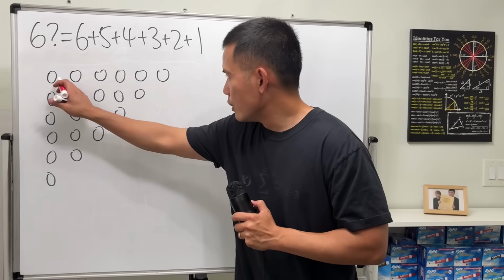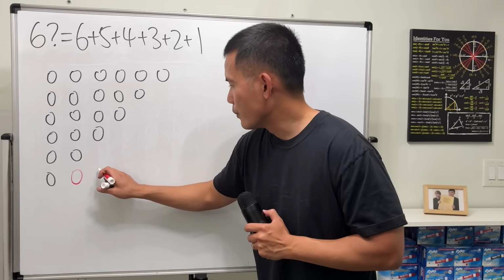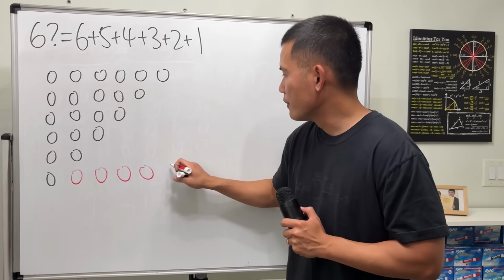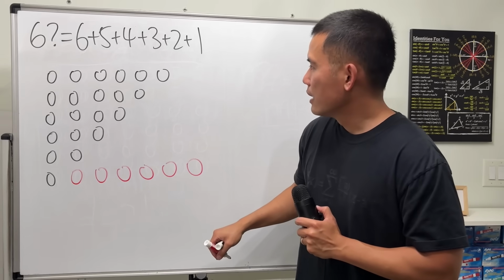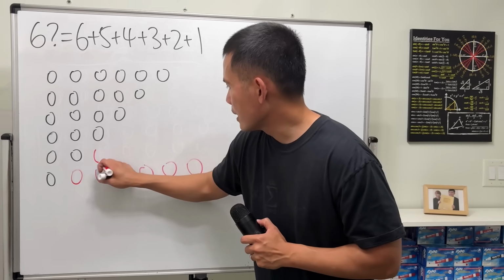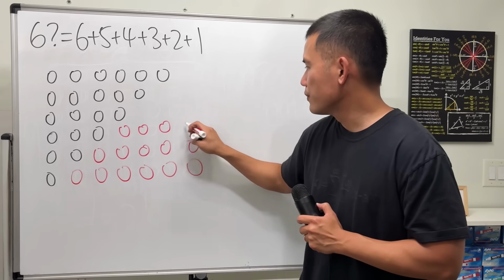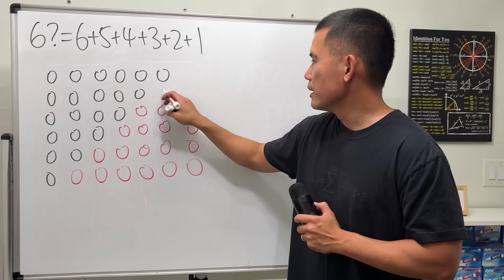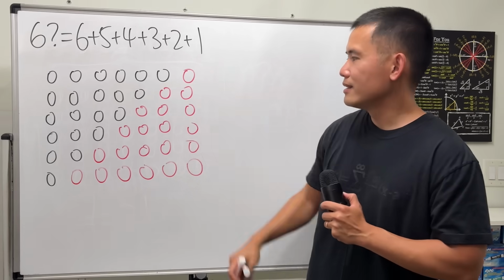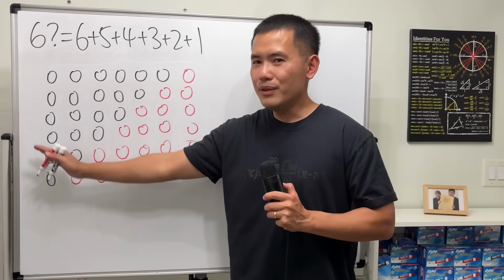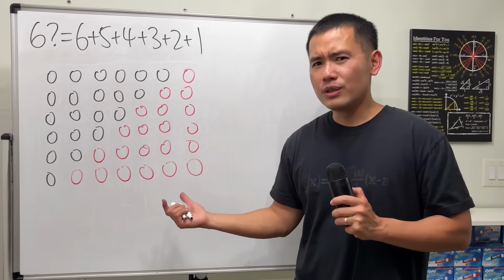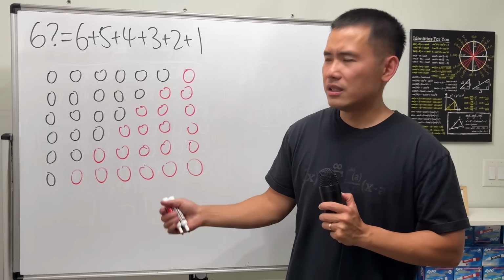So I'm going to put down 6 circles right here. 1, 2, 3, 4, 5, 6. And then I will put down 1, 2, 3, 4, 5, and then 1, 2, 3, 4, and then 1, 2, 3, and then 1, 2, and then 1.